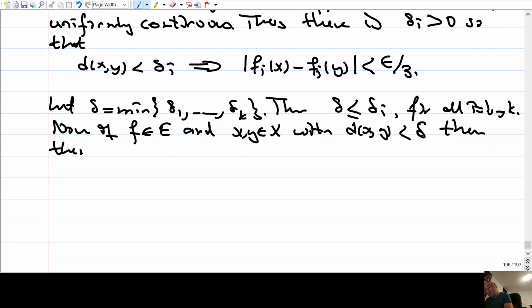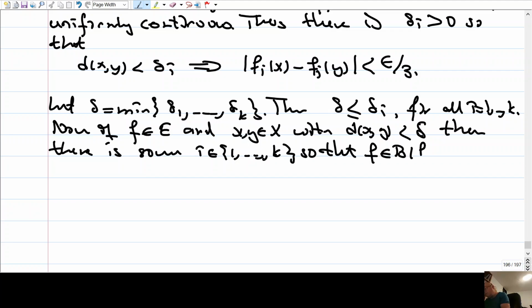There is some i from 1 to k so that f is in this ball, and hence we have the distance between f and fi is less than epsilon over 3.